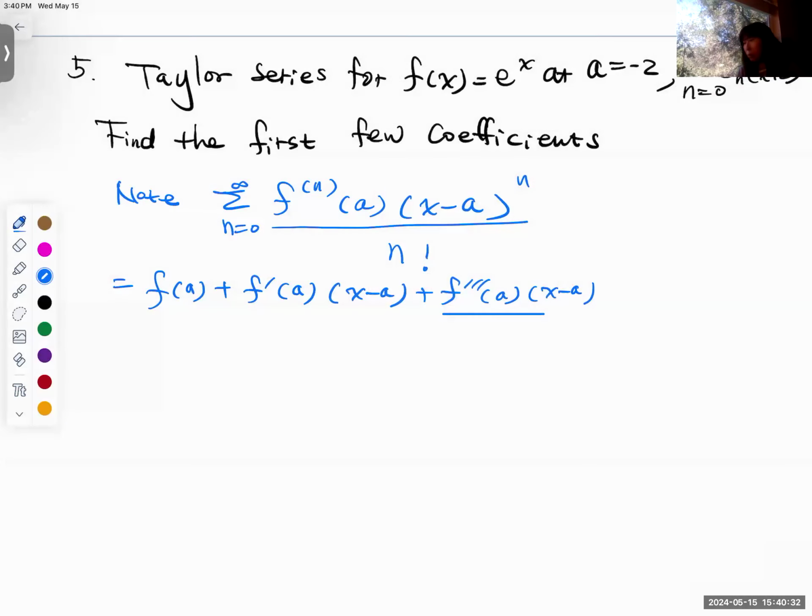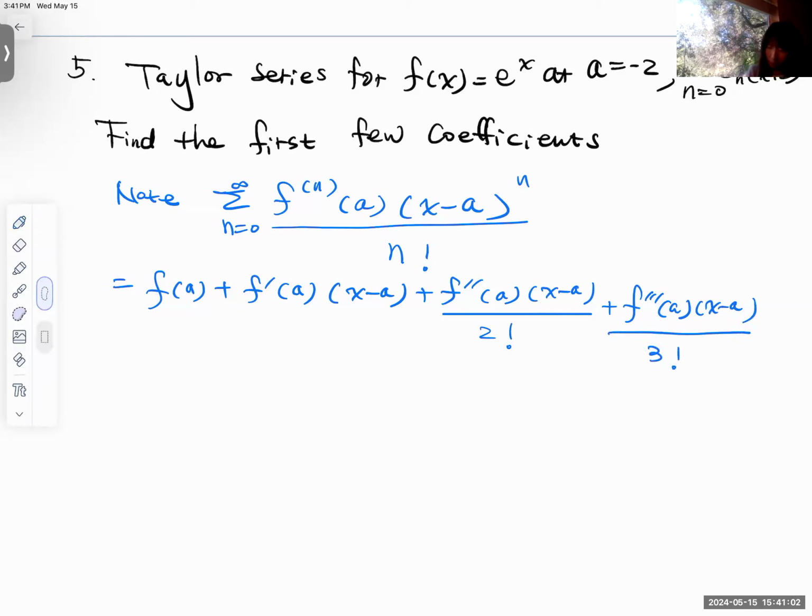Sorry, I made a mistake again. Second prime, right? Second prime, and then over 2 factorial. And so third. And I want more, fourth.